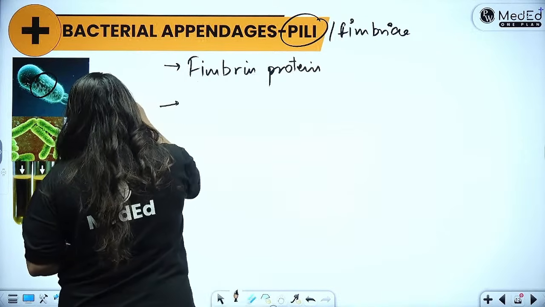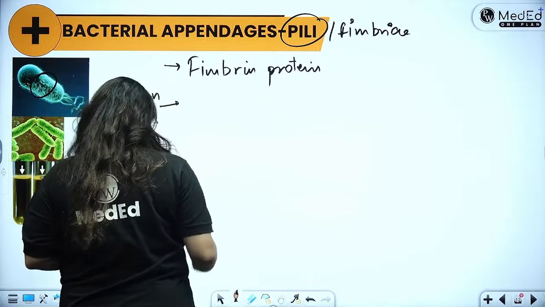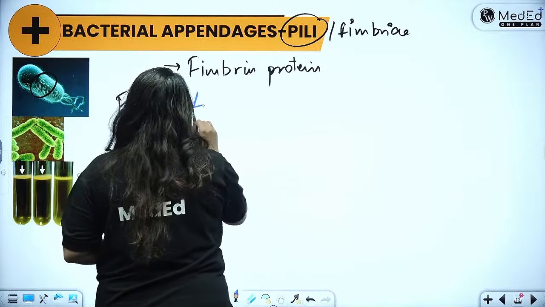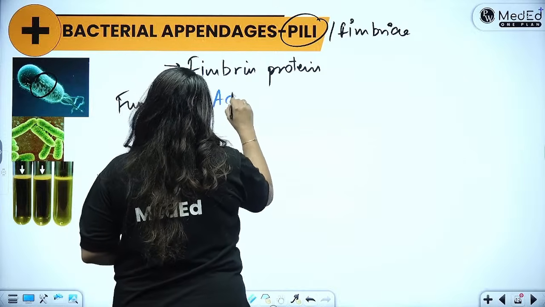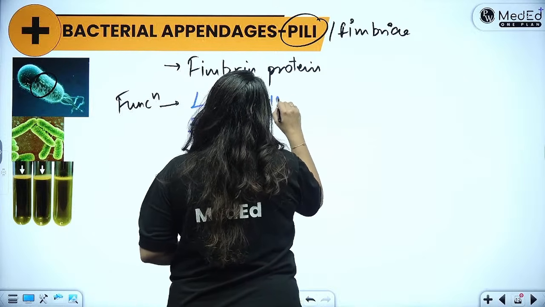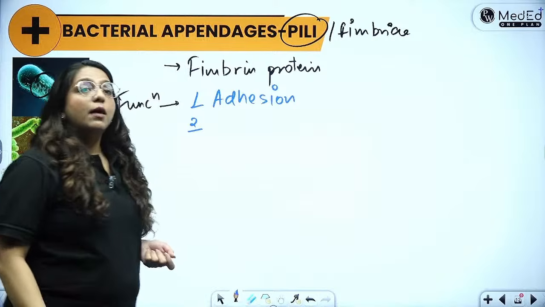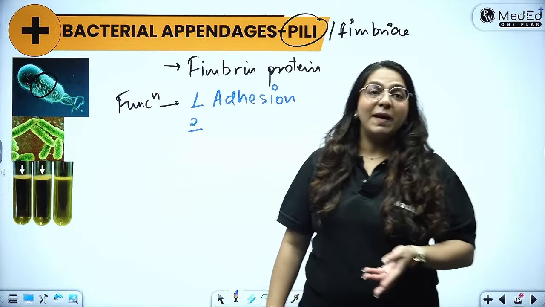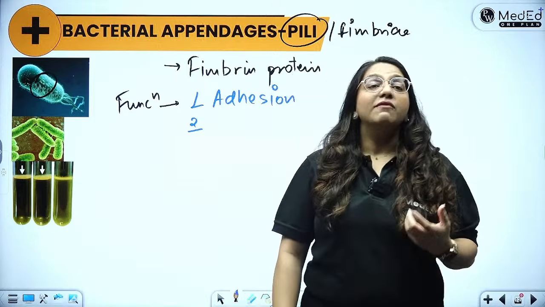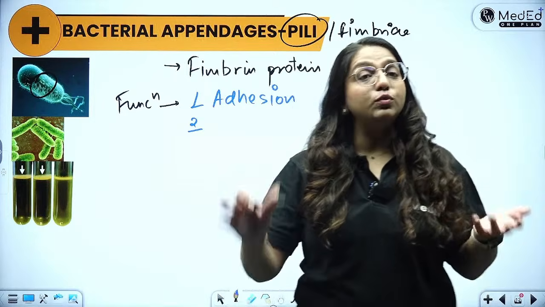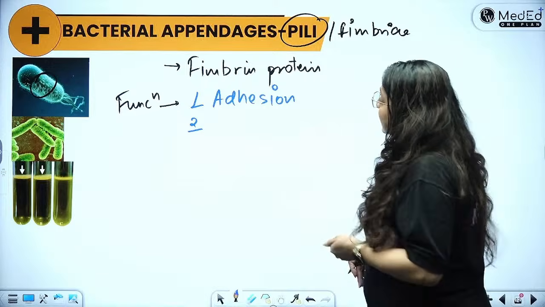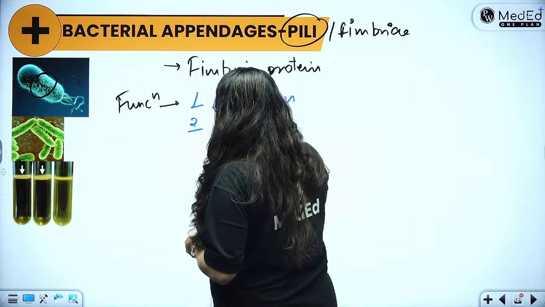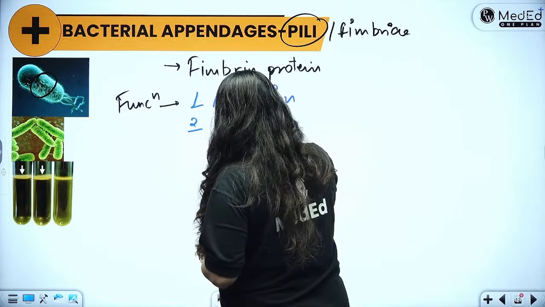What is the function of these pili and fimbriae? The function, number one, is adhesion. These are the most important adhesion molecules, especially for bacteria like Neisseria gonorrhoeae, which help the bacteria attach to the mucous membrane. Then the second important function of pili is conjugation.